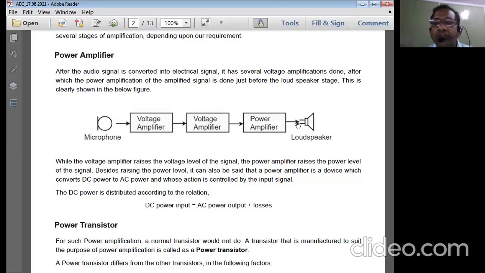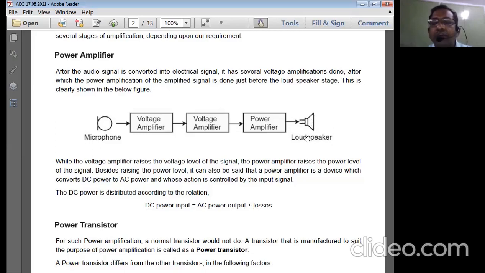Now, in order to achieve low output resistance of the power amplifier, we always have to use transformer coupling at the output of the power amplifier, because the transformer has very low output resistance, so that we can have impedance matching between the output of the power amplifier and the input of the loudspeaker.